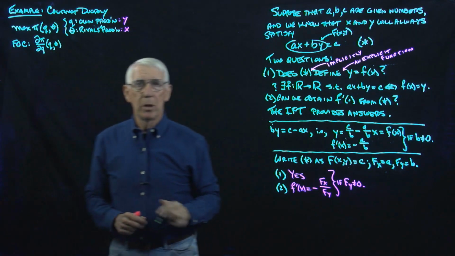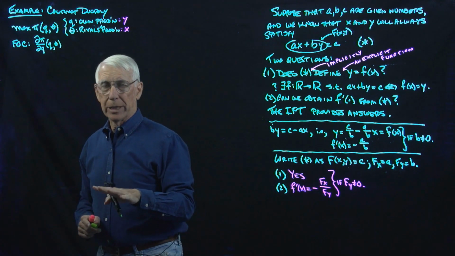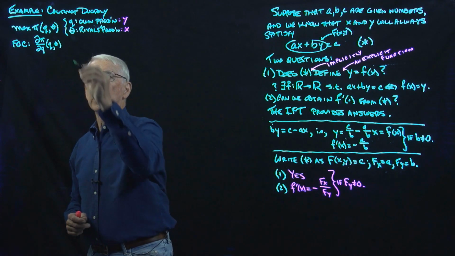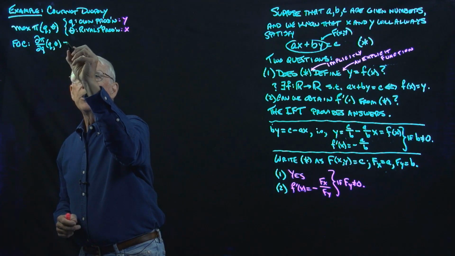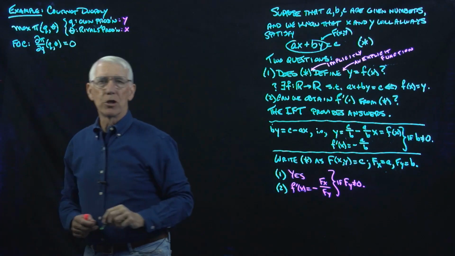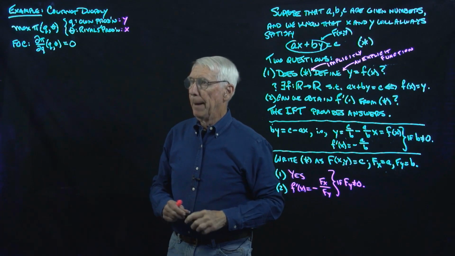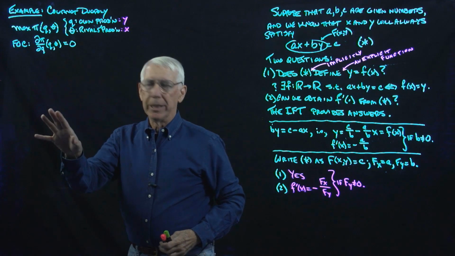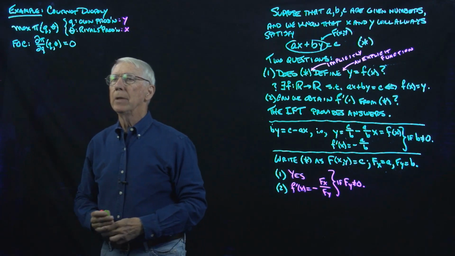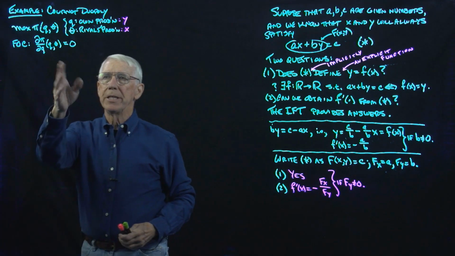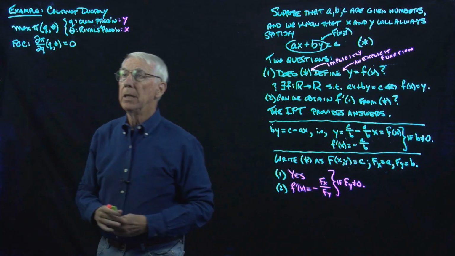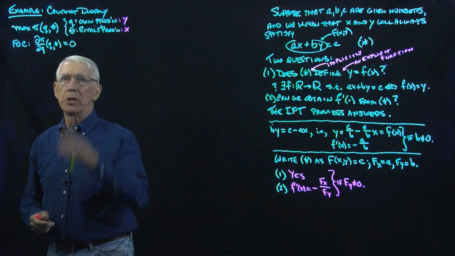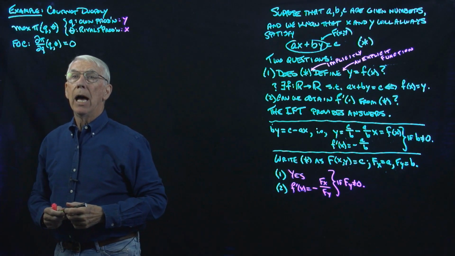It's going to depend on both the firm's own production level and the other firm's production level. That's got to be 0 as a first order condition. And we're going to ignore the second order condition here. But this is the first order condition. This is 0 so long as we're in the interior, so long as Q is positive, not at 0, in which case that'd be an inequality then.